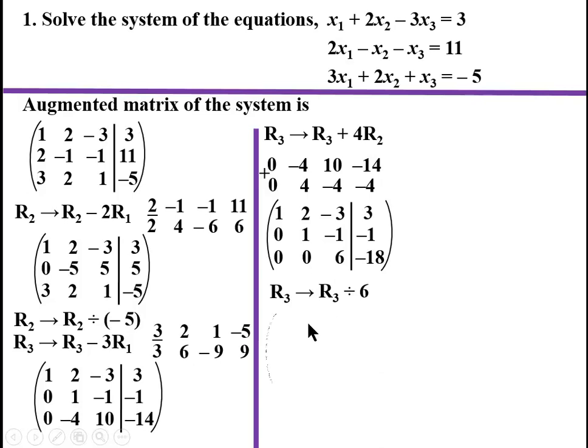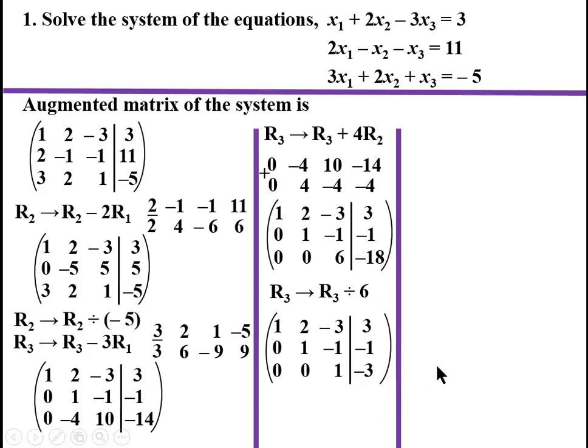So that we now have row 1 maintained, row 2 maintained, and row 3 will have 0, 0, since 0 divided by 6 gives 0, 6 divided by 6 now gives 1, negative 18 divided by 6 gives negative 3.